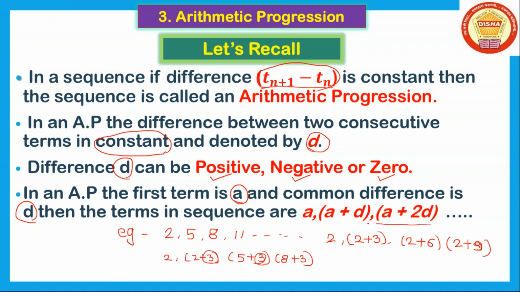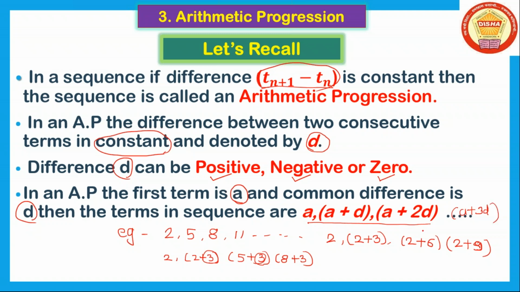In short, in a sequence we can find the terms as: the first term is a, the second term is a plus d, the third term is a plus 2d, and the next term is a plus 3d and so on.